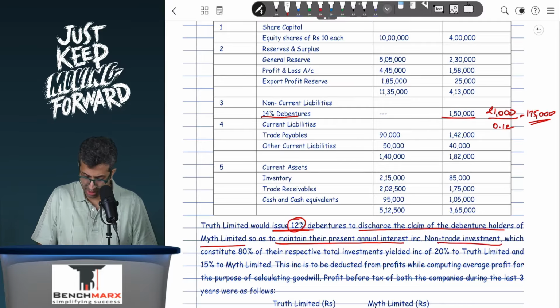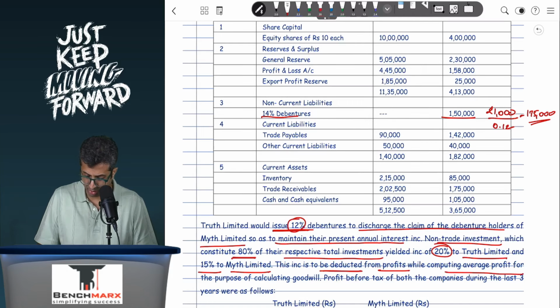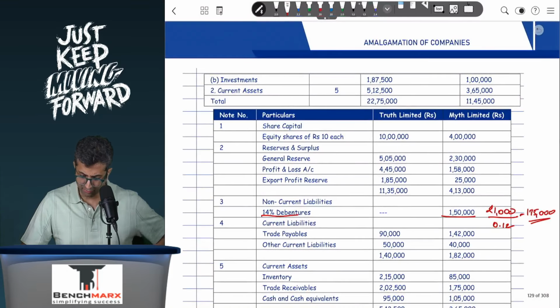Non-trade investments, which constitute 80% of the respective total investments, yielded 20% to Truth and 15% to Myth. This income is to be deducted from the profits while computing average profit for the purpose of calculating goodwill. Now I have to calculate goodwill in this case. So there are some non-trade investments, which are how much?